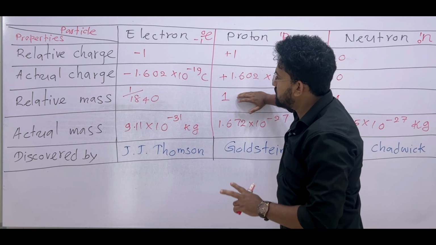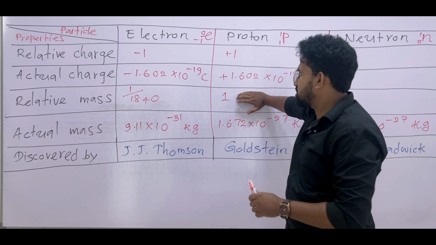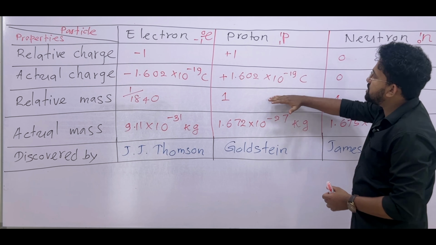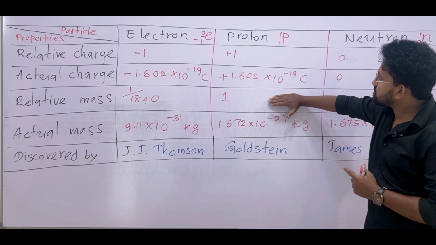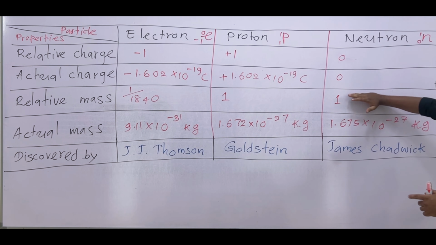The relative mass of the electron is 1/1840, the relative mass of the proton is 1, and the relative mass of the neutron is also 1.